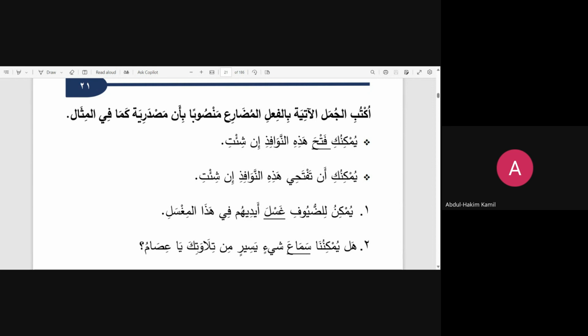يمكن للضيوف غسل أيديهم في هذا المغسل. بهذا المغسل. في هذا المغسل. يمكن للضيوف أن يغسل أيديهم. It's the youth is a group of them. يغسلوا نعم يغسلوا. يمكن للضيوف أن يغسلوا أيديهم.